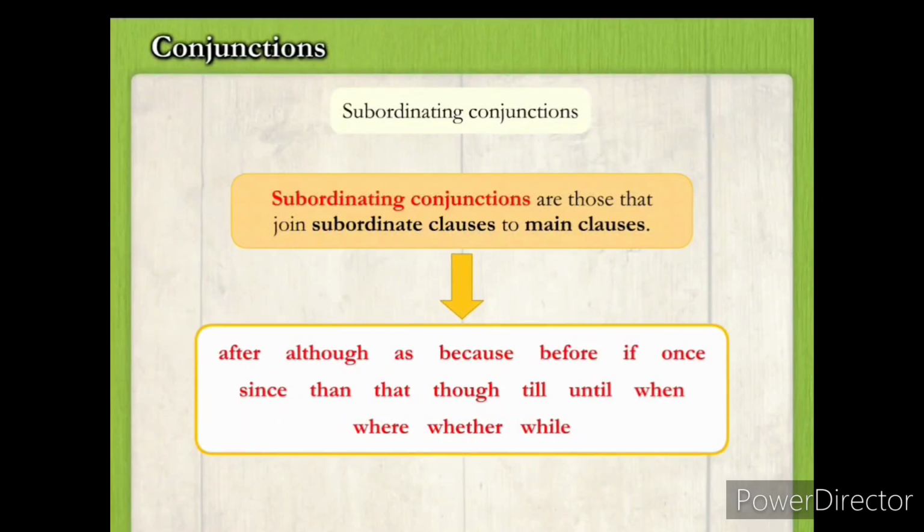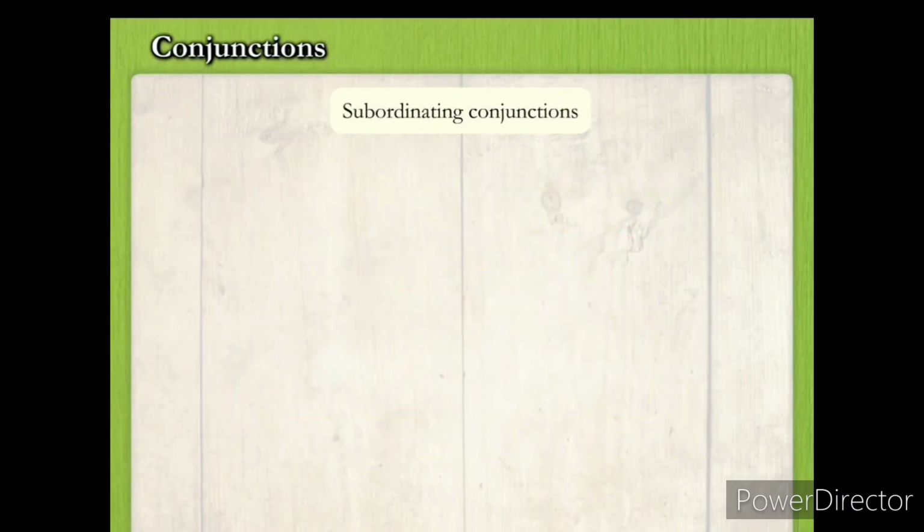After, although, as, because, before, if, once, since, than, that, though, till, until, when, where, whether, and while are some common subordinating conjunctions. Look at these sentences to understand better the function of subordinating conjunctions.